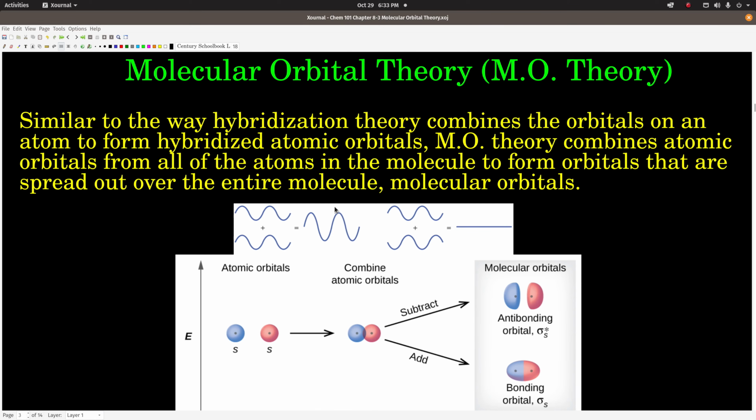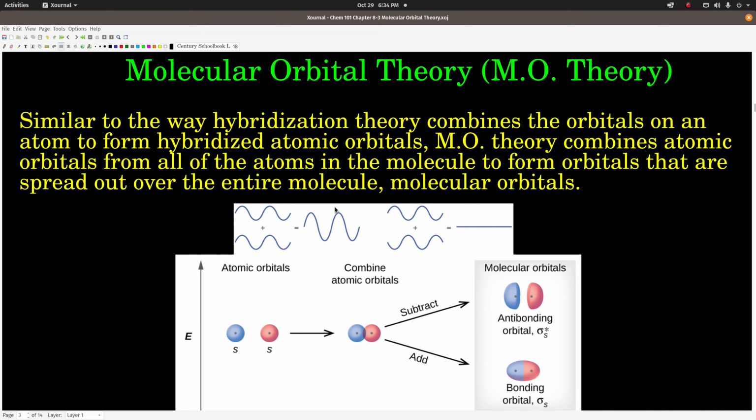The basic idea with MO theory is that just like in hybridization theory, where we combine the orbitals on atoms to form atomic orbitals that are hybridized, sp, sp2, sp3, and so on, molecular orbital theory does a similar thing, but it takes the atomic orbitals from all the atoms in the molecule and combines them to form orbitals that are spread out over the entire molecule. They're not localized on atoms like they are in hybridization theory.